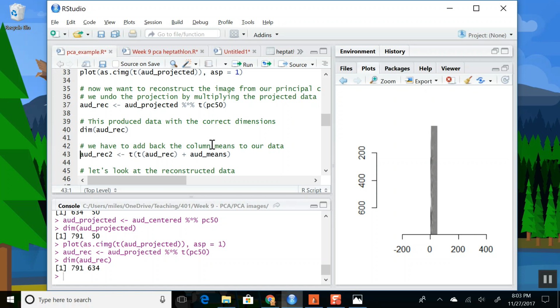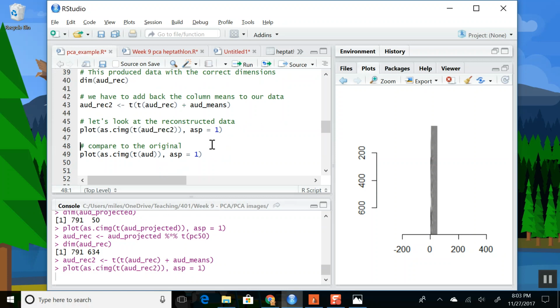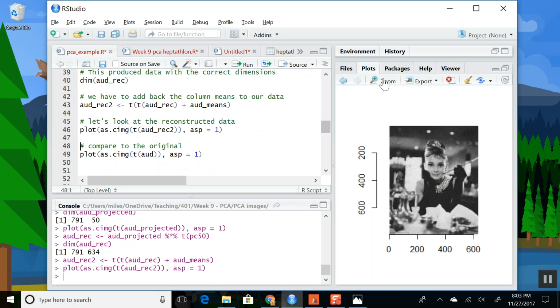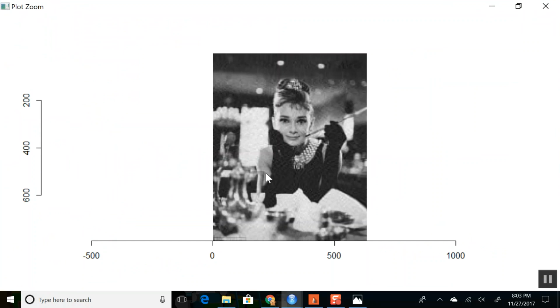Okay, so we can do that. We get this back together, and then we add the column means back to our data, and we plot this, and this is the image after we have reconstructed it. Okay, and it looks pretty good.